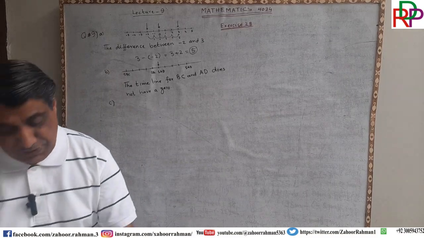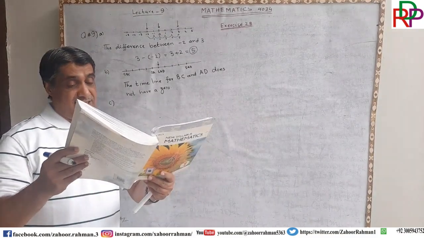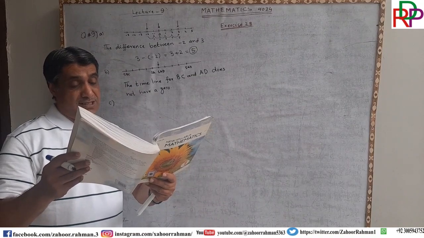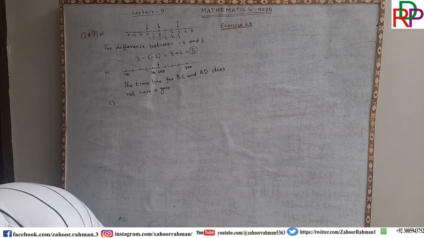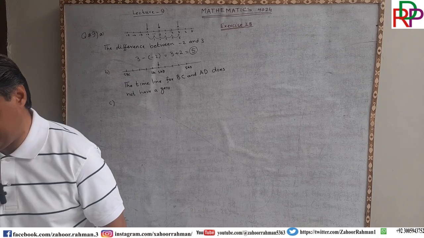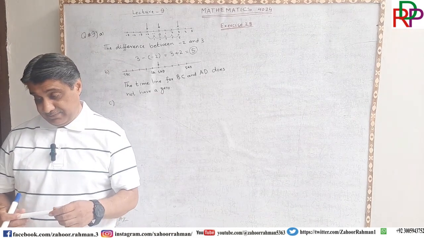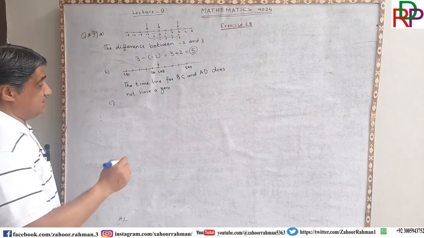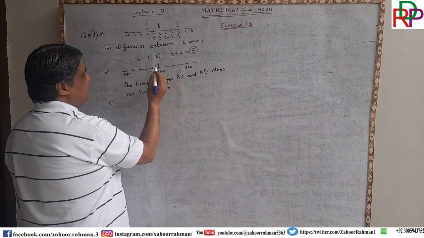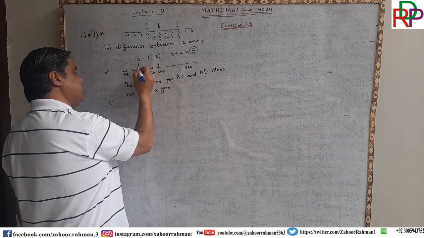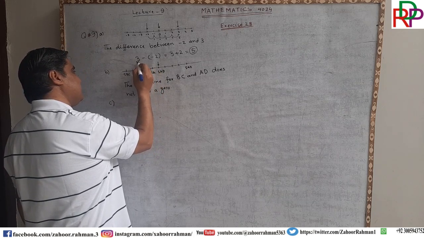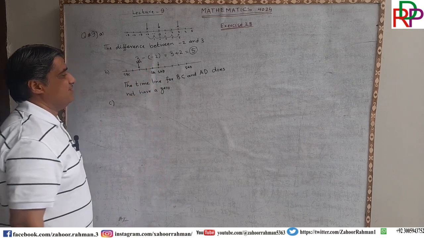Okay, part C is asking how many years there are between 3 BC and 3 AD. So 1 BC, 2 BC and 3 BC. This is 3 BC.